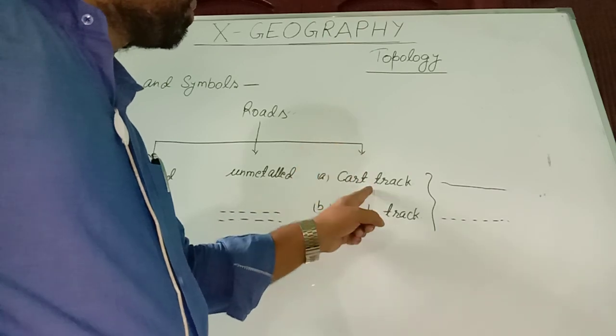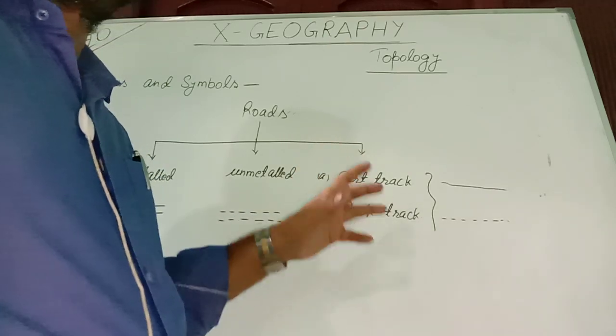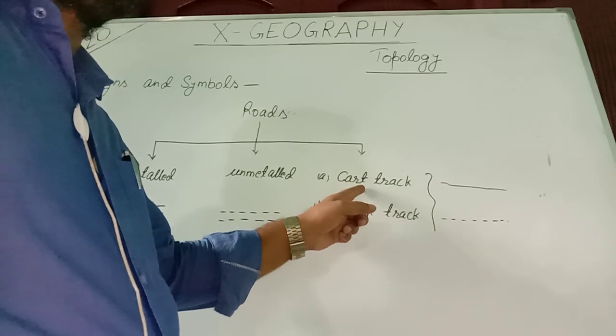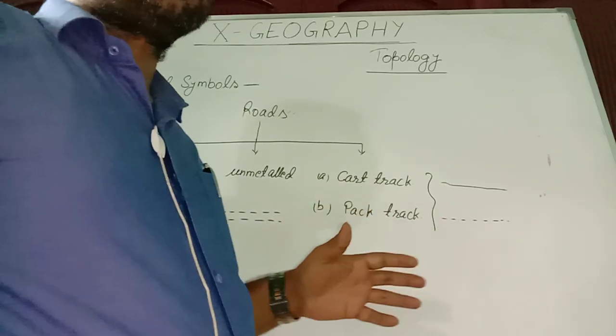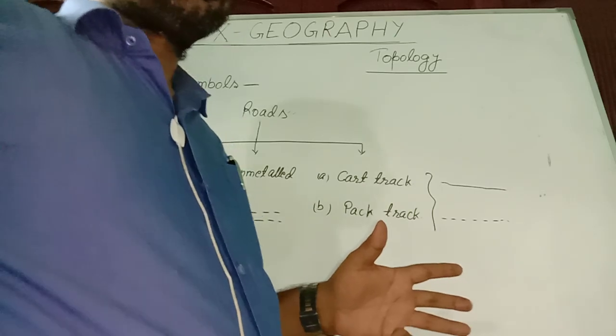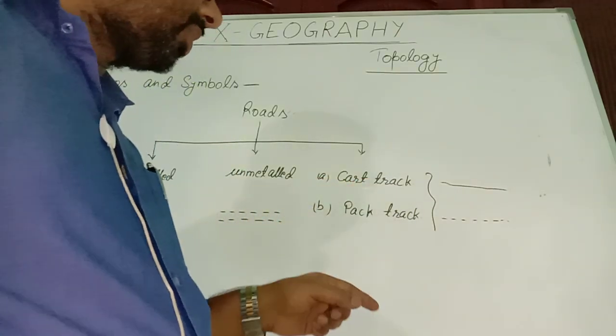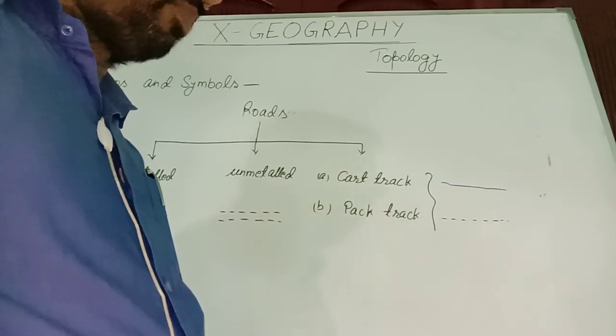In the rainy season, this becomes muddy and does not remain motorable. Motorable means vehicles can't go through this road in the rainy season. In the rainy season, this road is blocked completely.